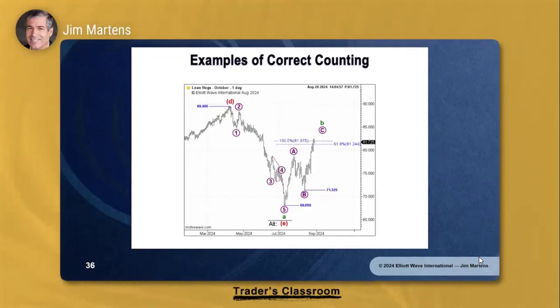In fact, it has now traveled the same distance as wave A and is trading just above where the correction in wave B, remember we're counting ABC for wave B, has retraced 61.8% of the decline from 89 to 40. So I have a small cluster of targets.